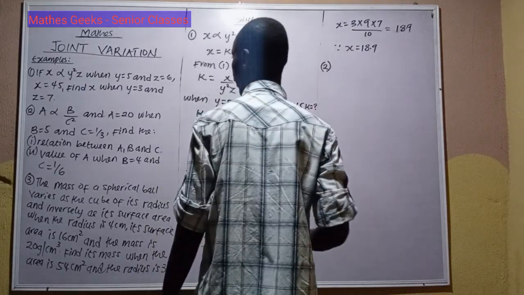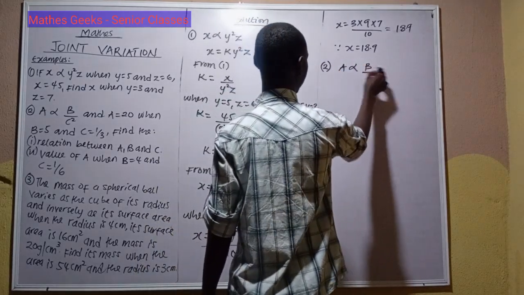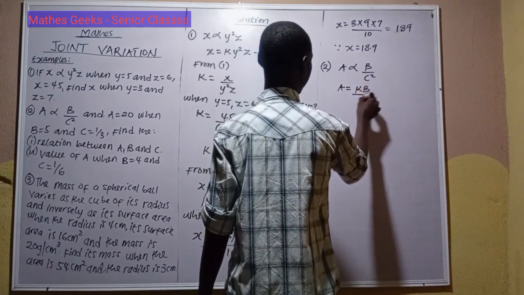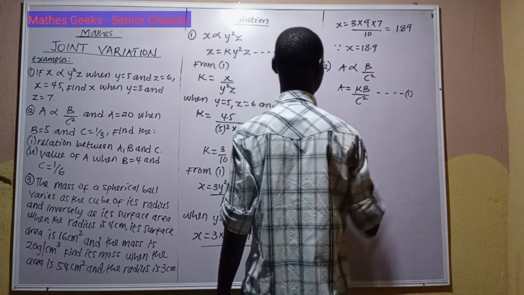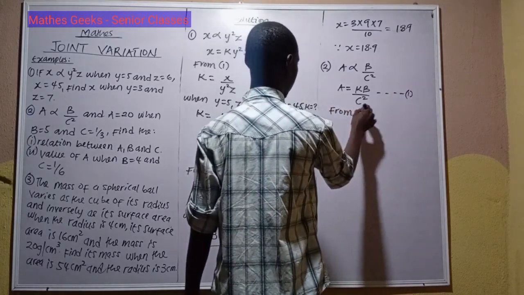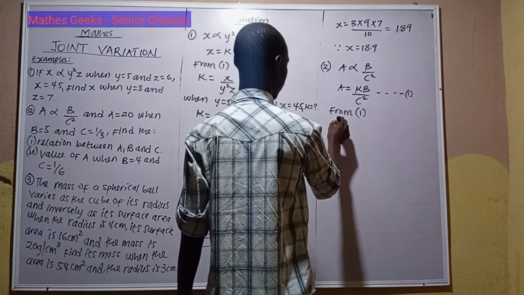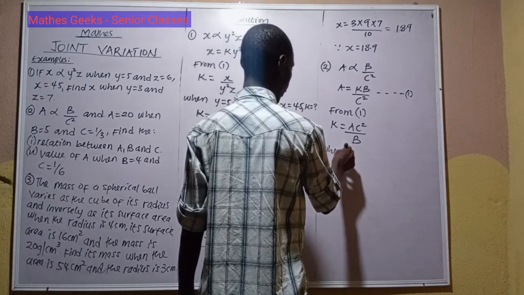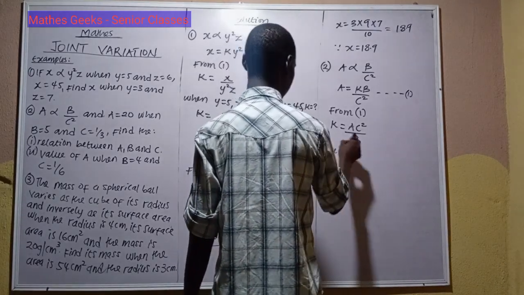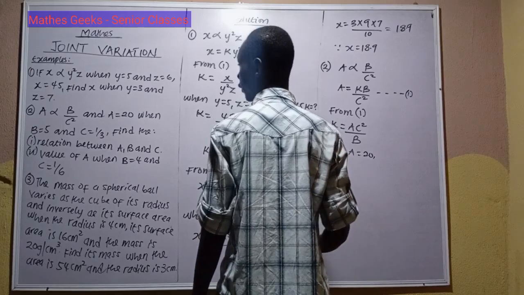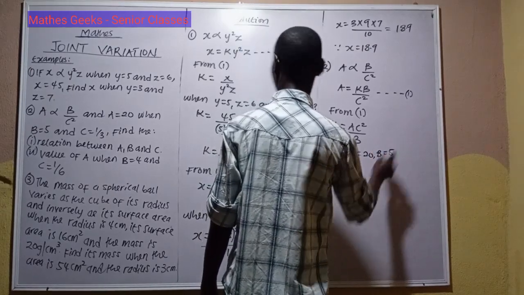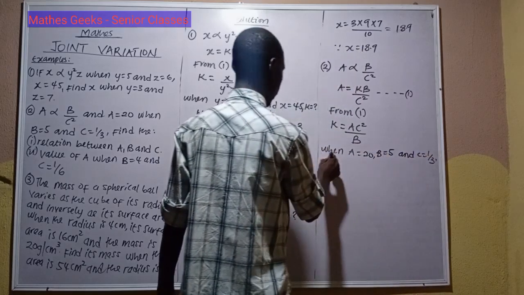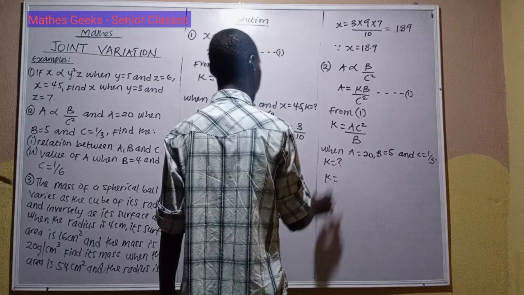Number 2. A varies as b over c squared. So A is equal to kb over c squared. Equation 1. From 1, q equal to A c squared over b. When A is 20, b is 5, and c is 1 over 2, let's find the value of q.